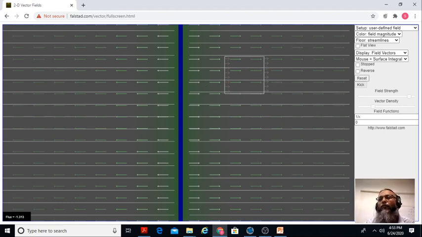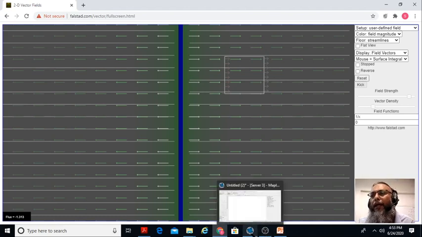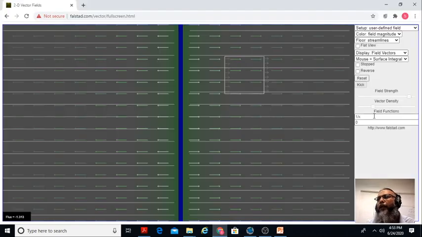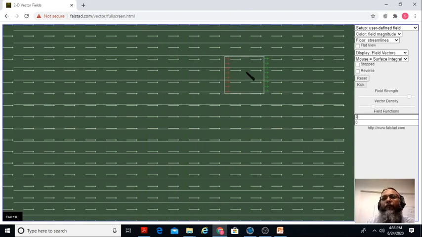Another case is, let's say I have some constant field, neither bigger nor smaller. Let's say 2 is my field, so everywhere I have the same vector. In that case, if I see the plot here for a constant vector, everywhere it is the same.